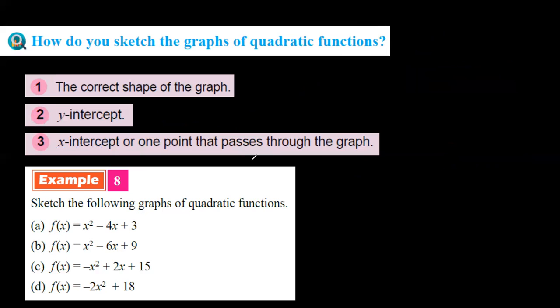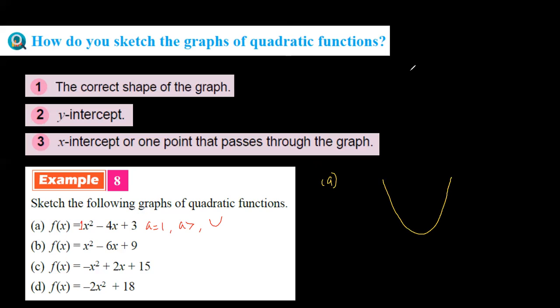Let's look at example 8. Sketch the following graph. Firstly, we need to ensure the shape is correct. The shape of the graph depends on the value of a. If a is positive, then we are sure this is a smiling graph. So question A is a smiling graph. After that, I suggest you calculate the roots first.